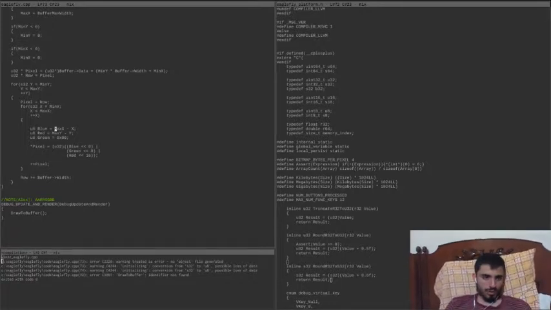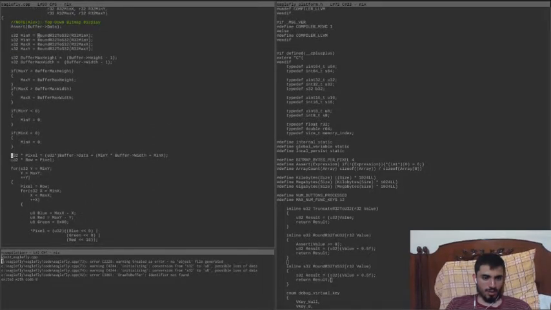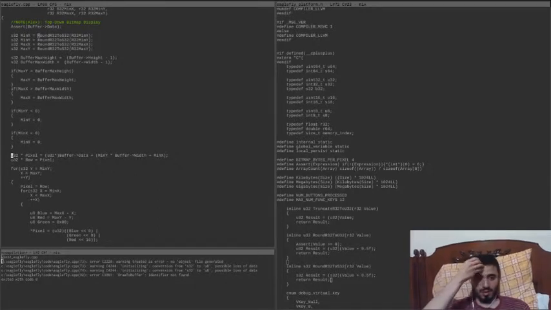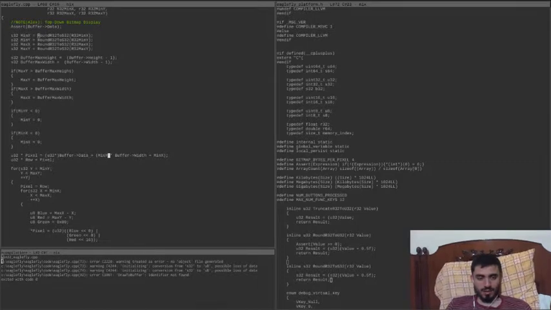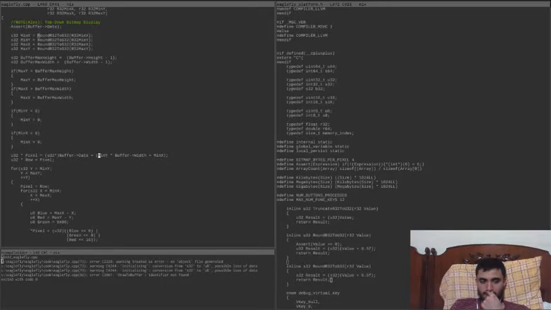So, this is interesting since it's a top-down one with the height going down, and the buffer starts on the top-down thing, but we're saying that the min x should be also on the top left or in the bottom left.